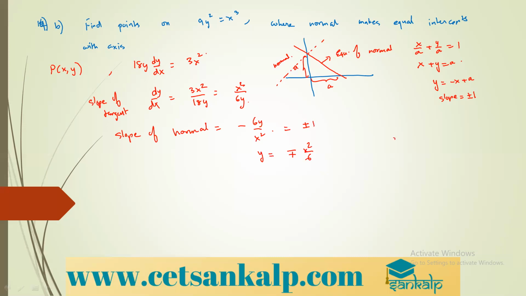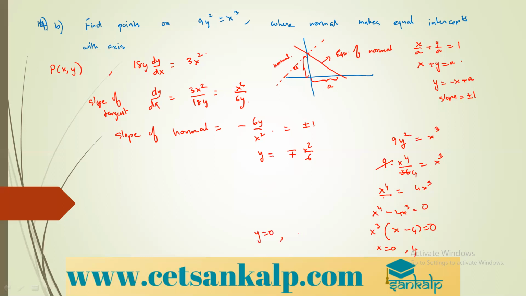This we will put in the equation 9y square equal to x cube. 9 into y square, which will be x power 4 by 36, equal to x cube. 9 fours are 36, so x power 4 equal to 4x cube. x power 4 minus 4x cube equal to 0. Take x cube common: x cube into x minus 4 is 0. So x is 0 and x is 4. When x is 0, y will be 0.